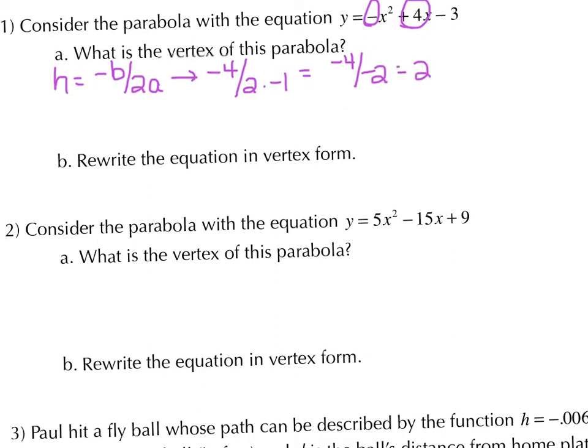Okay. Then to find k, I'm going to take this 2 and plug it into the equation in place of x. So when I go to find k, I'm going to do negative parentheses 2 squared. By the way, the reason I'm not including that negative sign in the parentheses is it's actually part of the equation. It's not part of the 2.